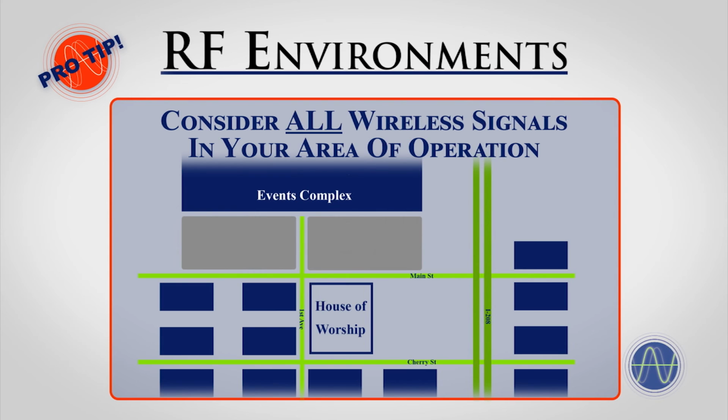Wireless systems that operate in 2.4 GHz, for example, would not be advised in this environment, since Wi-Fi access points could cause interference. This house of worship would probably want to explore a digital wireless UHF system, since it will offer a wide number of channels to select from, thus reducing the chance of interference from wireless signals produced by the surrounding venues.